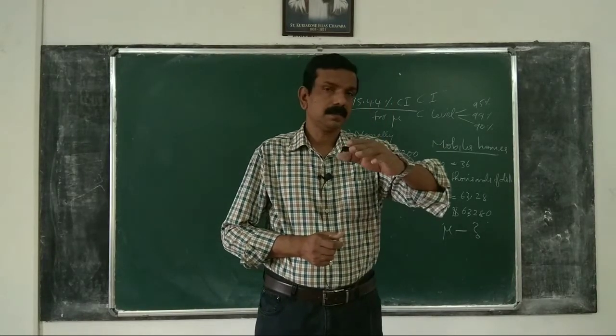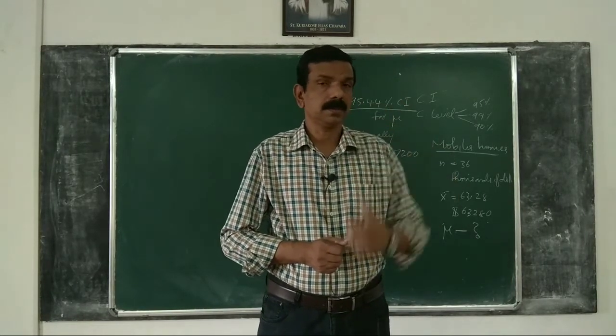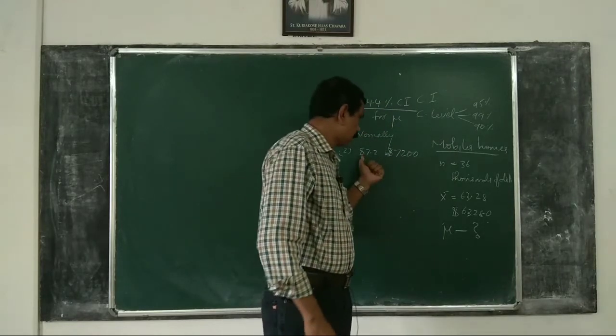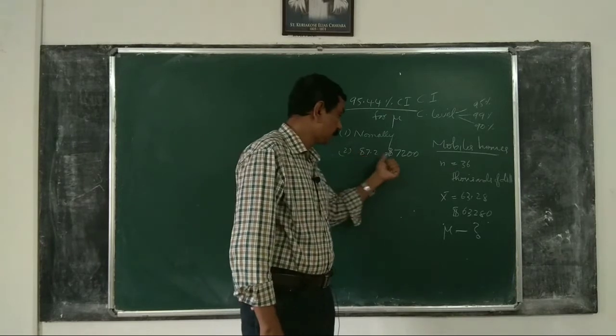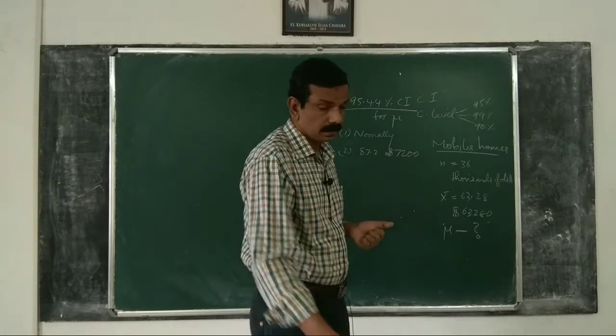Population standard deviation is known: sigma is 7.2.